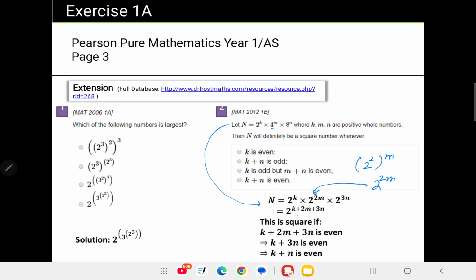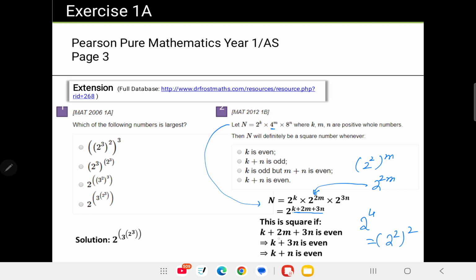Now n will be a square number if this power is even, right? If you have any number and the power is even, let's say 4, you can always write this number in the form of a square like that. So this power should be even if n is a square number, right?